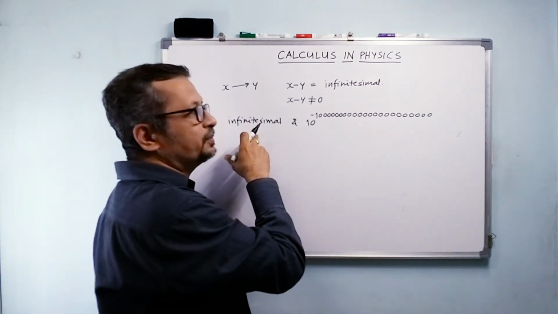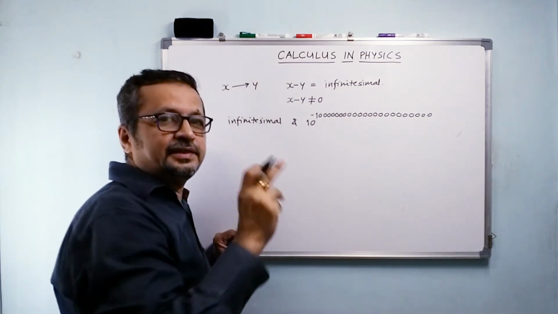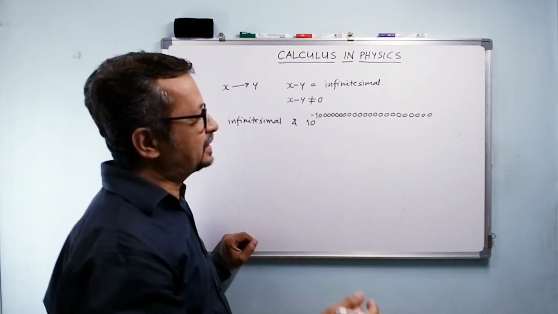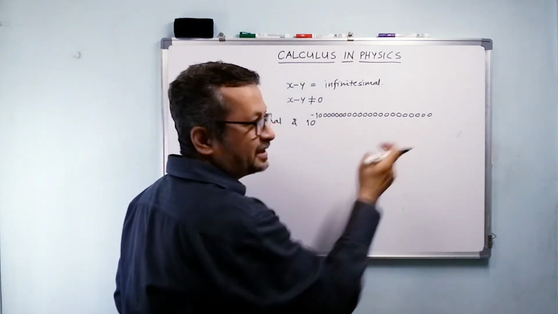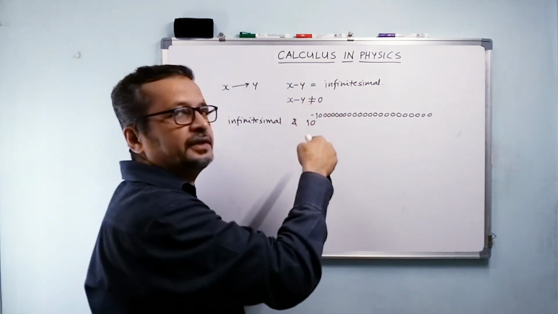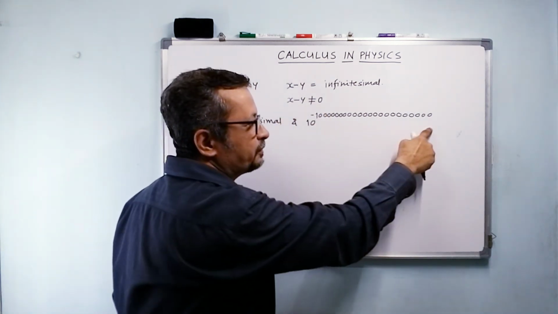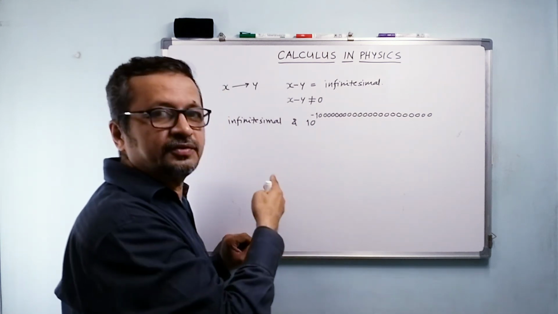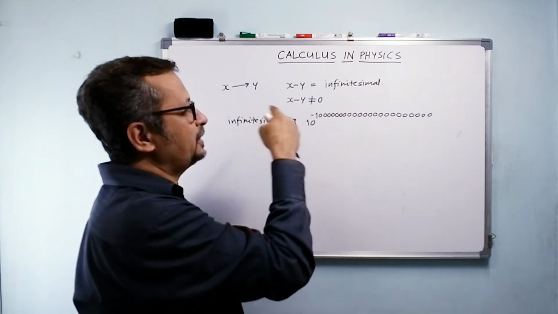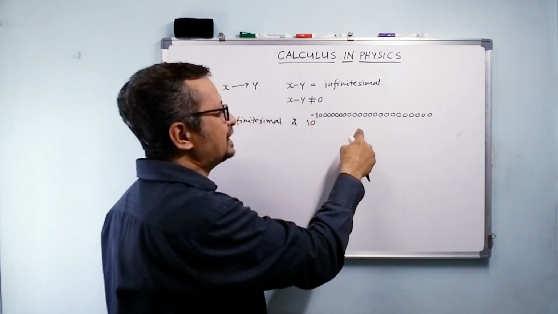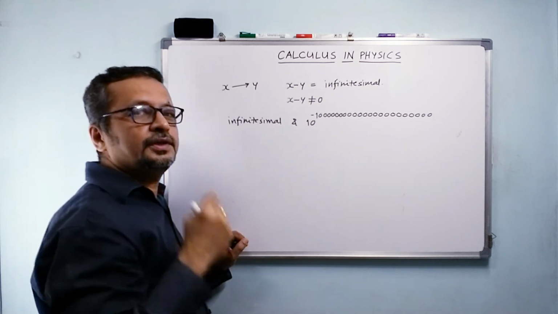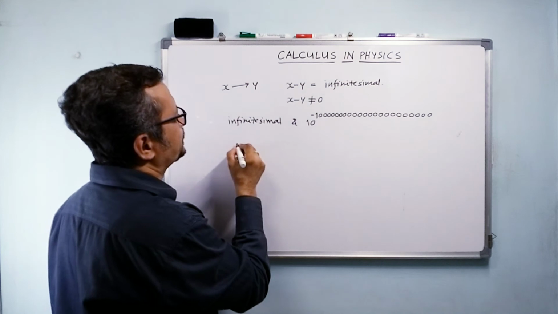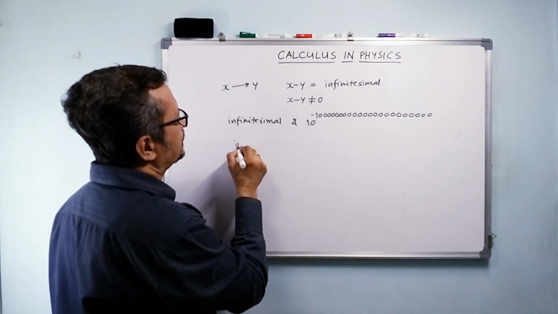Obviously the infinitesimal would be smaller, because infinitesimally small is something that you cannot even imagine. Now is this other one something I can imagine? Yes, I'm able to write it here. This is the exact value of this quantity. I know the number of zeros. I know this value, so this value is definitely larger than the infinitesimal, because that is something that I cannot imagine.